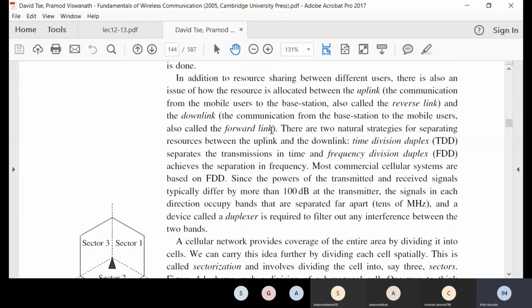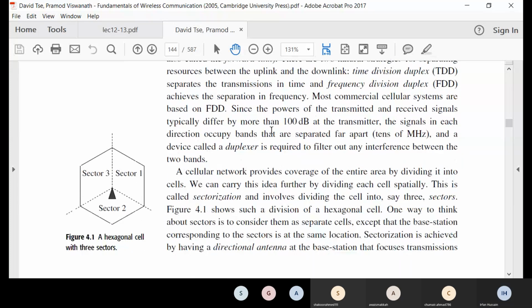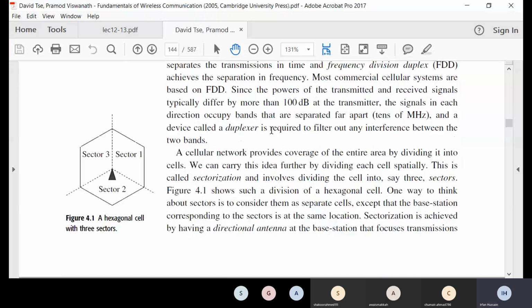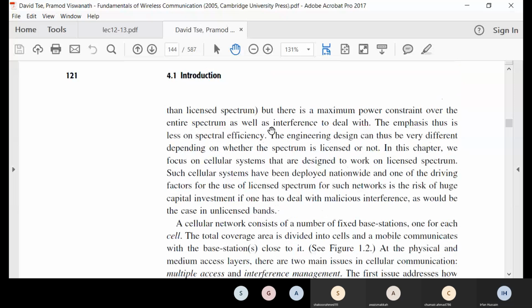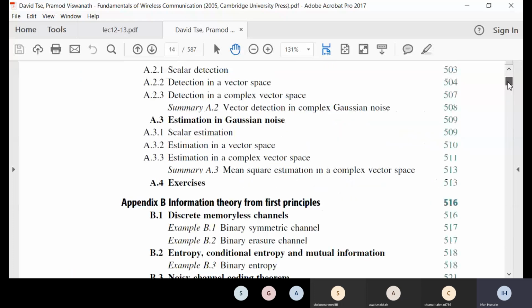So you know this very famous figure. See figure 1.2, which is in chapter 1.